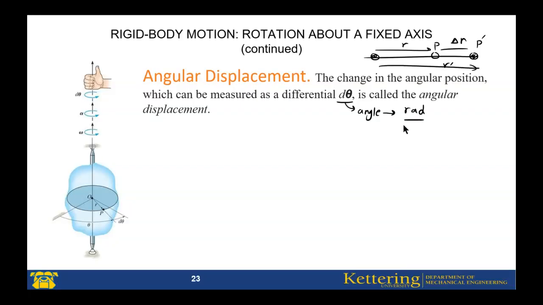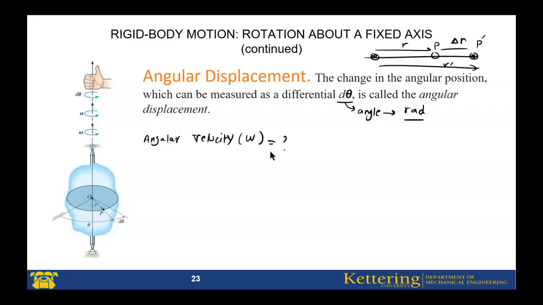Now, I want to find the angular velocity. Here we use omega to show the angular velocity. Do you know how I can find the angular velocity? Can somebody guess?